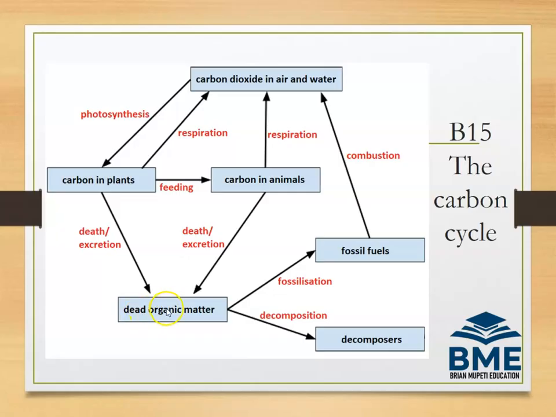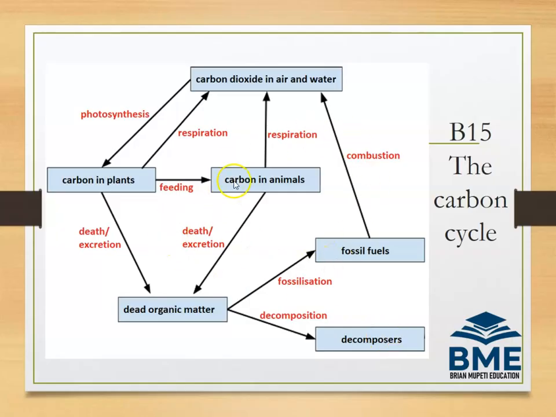The carbon in dead organic matter can be fossilized to form fossil fuels through the process known as fossilization. The carbon in dead organic matter can be decomposed through decomposition by decomposers.